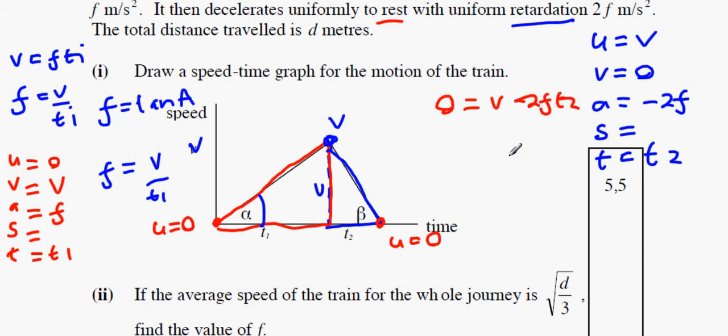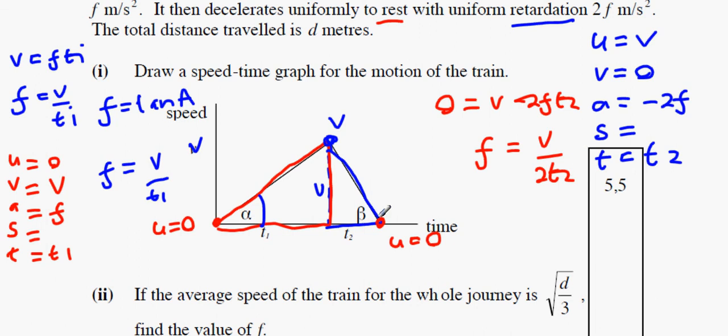And then t2 equals v over 2f, so f equals v over 2t2. Okay? Now, it's very easy to get that, okay?